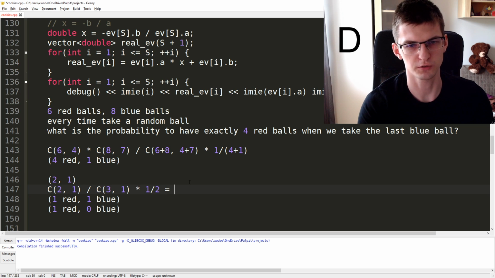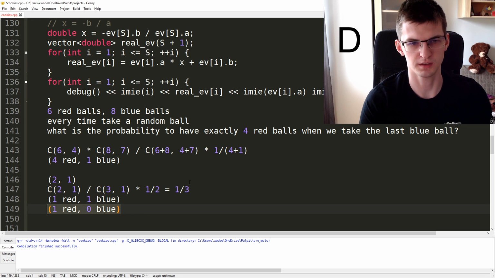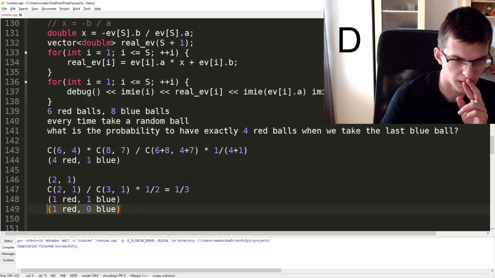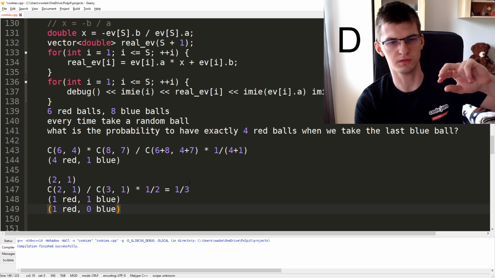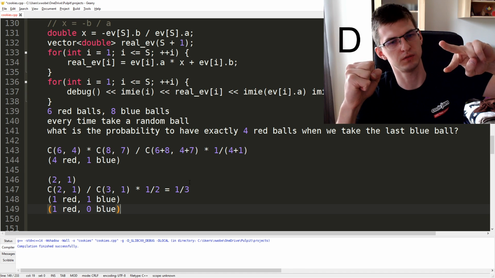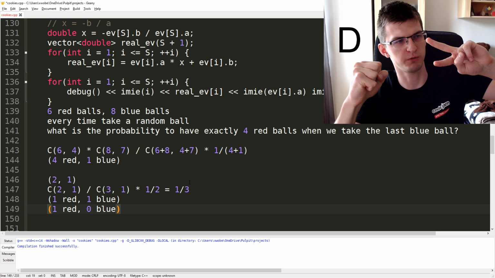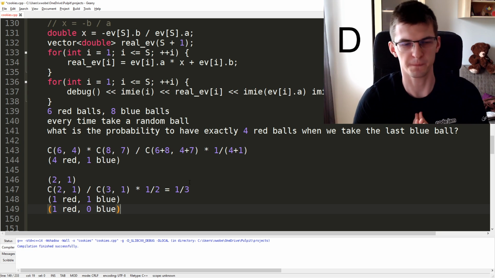And this is equal to 2/3 times 1/2, 1/3. I claim this is the probability to end up in this state. There is also some probability of 1 blue. There is 1/3 that I will end up with 2 red, and 2/3 that I will end up with 1 blue. Okay, I think that's fine.